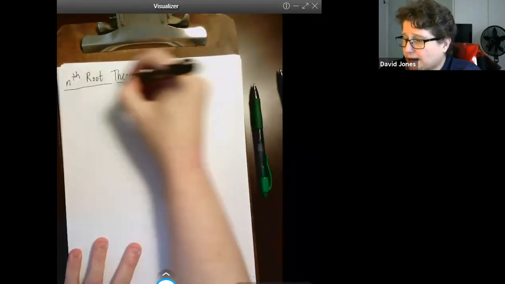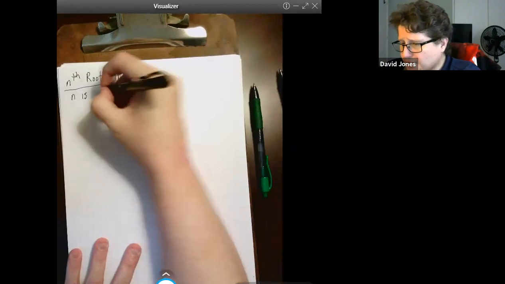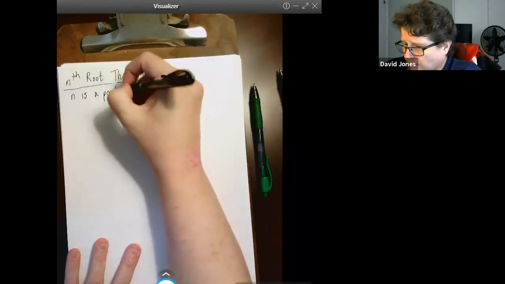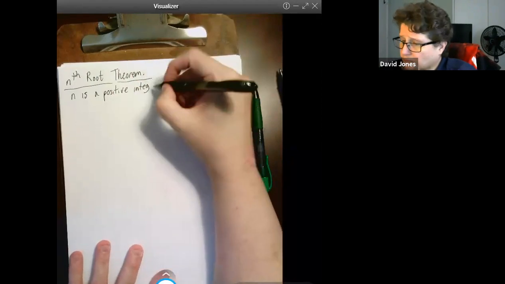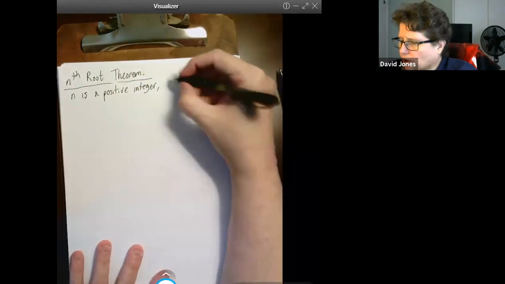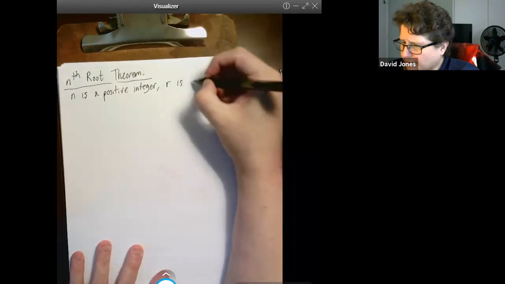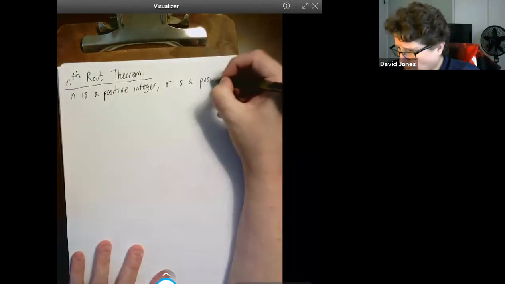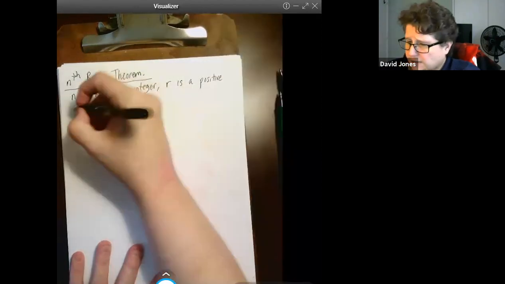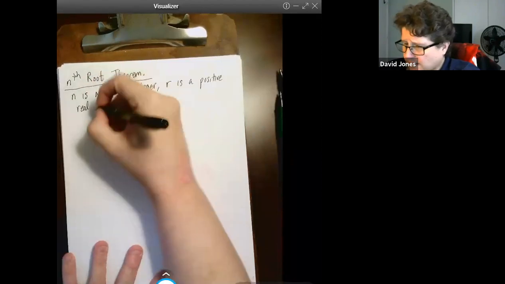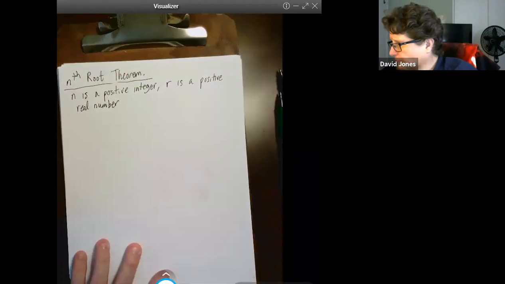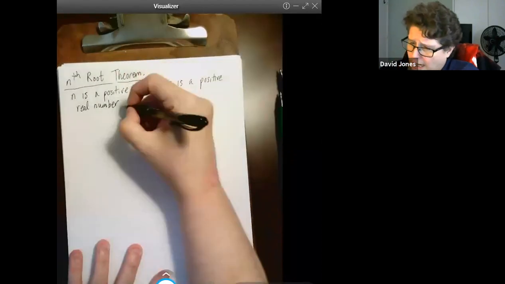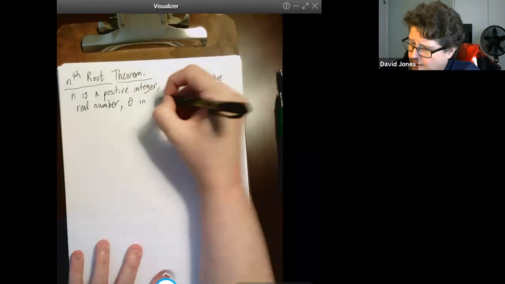So again, n is a positive integer. R is a positive real number. It can be irrational, but not complex. We'll have theta in degrees.